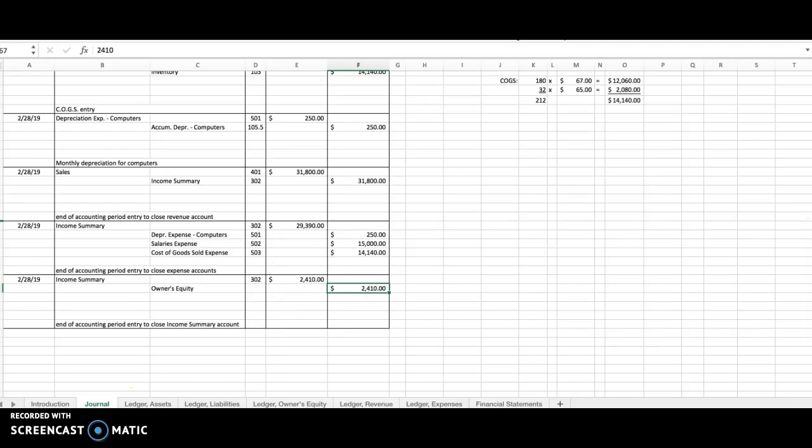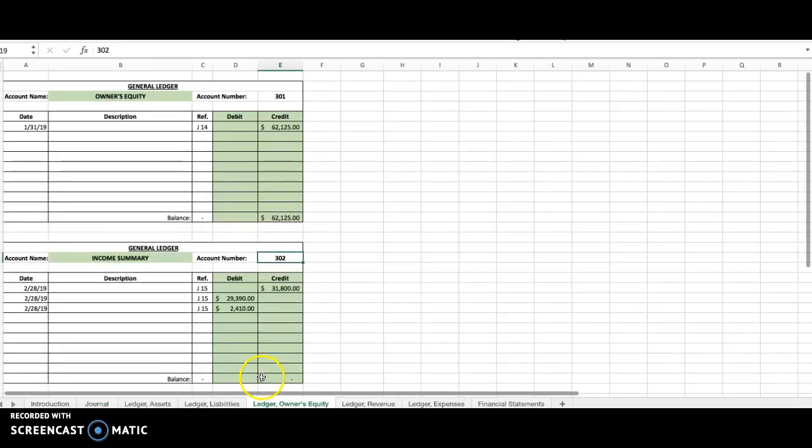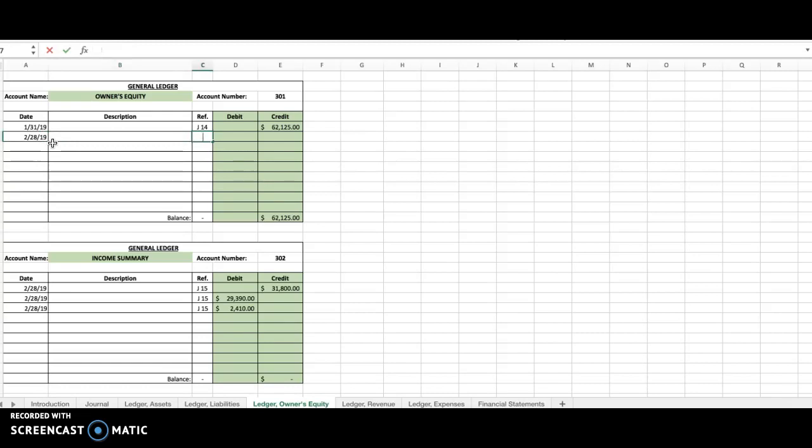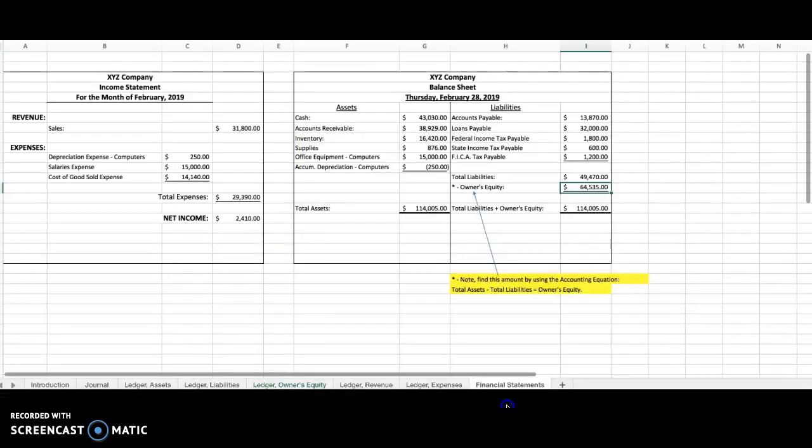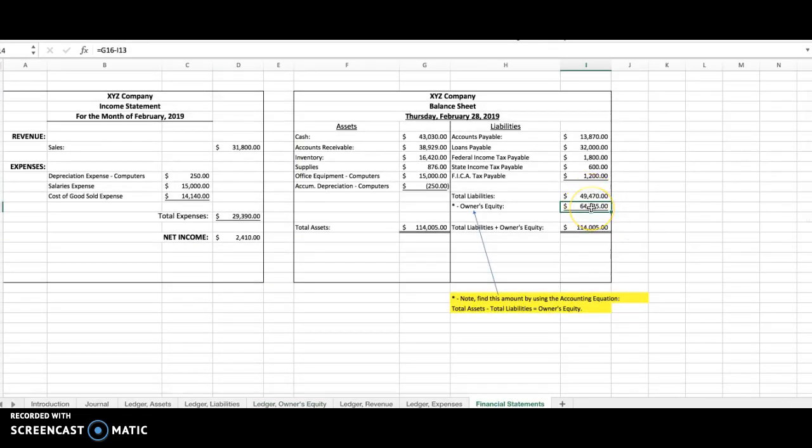So when I do that, back in owner's equity, with a credit of $24.10, lo and behold, the balance in owner's equity now is the same number as we had in the balance sheet.